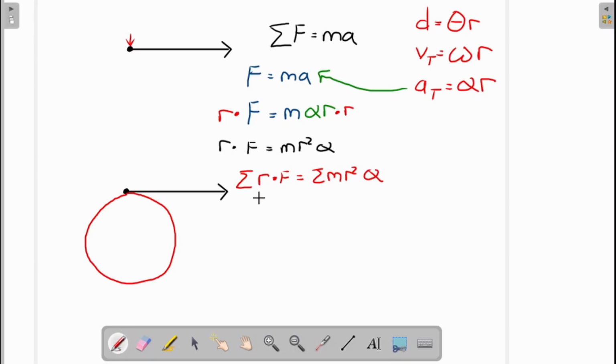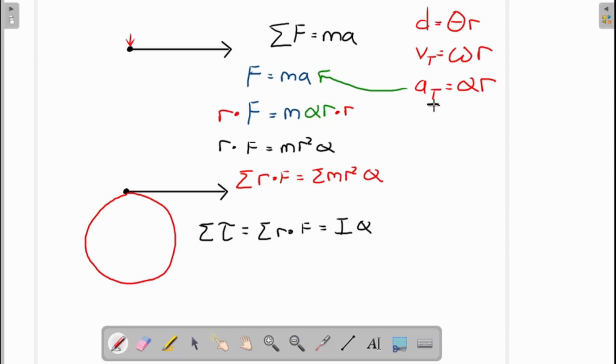And the sum of all my forces acting at a radius is what we define as torque. In short, the net torque, using tau, acting on a system is equal to the sum of all the r times F's, which equals the moment of inertia times alpha. And much like how the net force was equal to mass times acceleration, the net torque is equal to I times alpha.